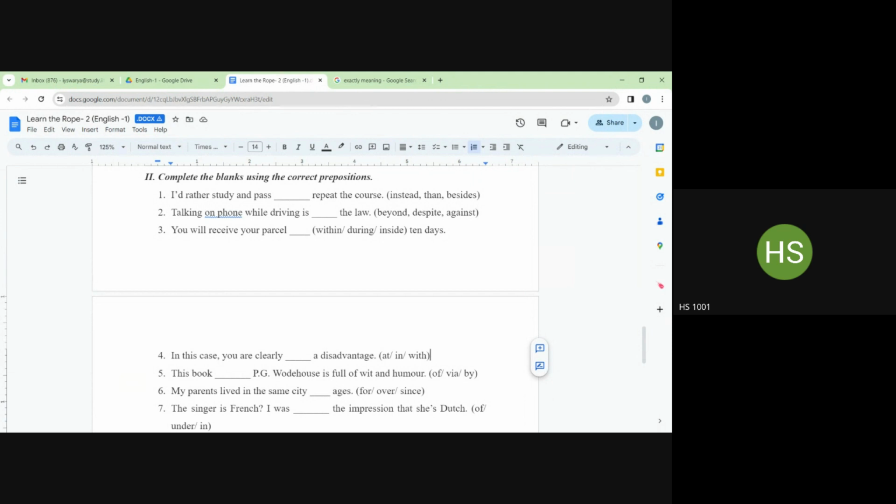So, plenty of prepositions in English, too many of them. But one good thing about prepositions is that they are closed category words. That is, unlike nouns and verbs, you cannot keep adding new words into the class called prepositions. You have a limited set of words that are used as prepositions, and they remain the same.